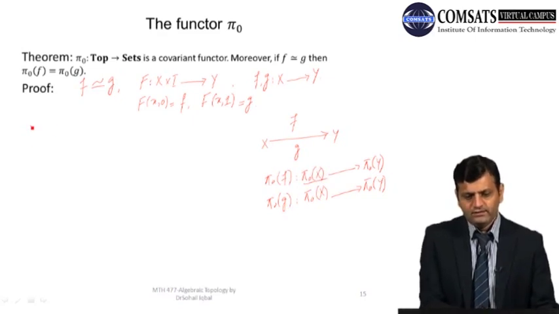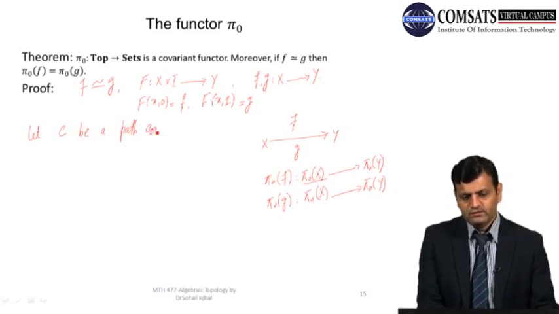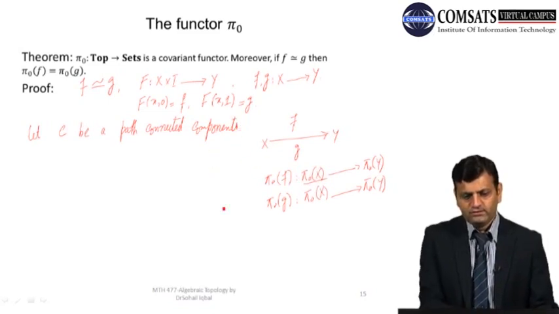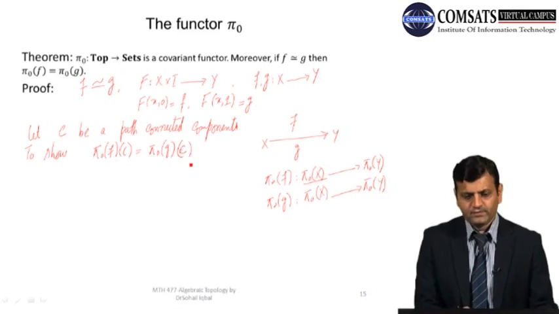Okay, so let C be a path connected component. So to show: π₀(f) of C is equal to π₀(g) of C.